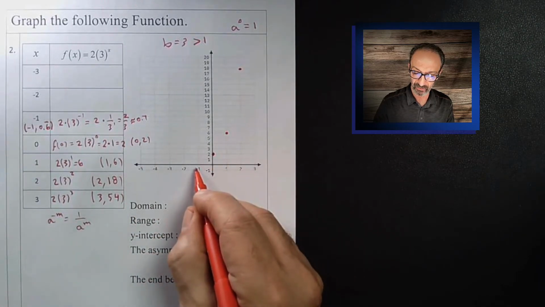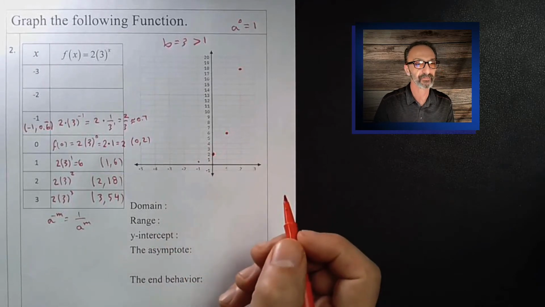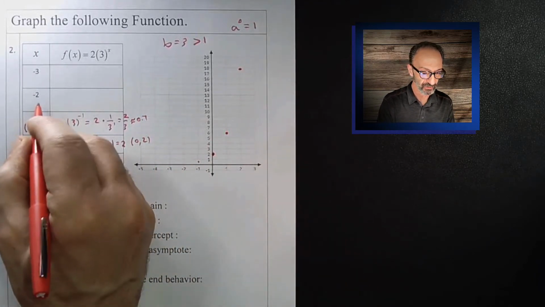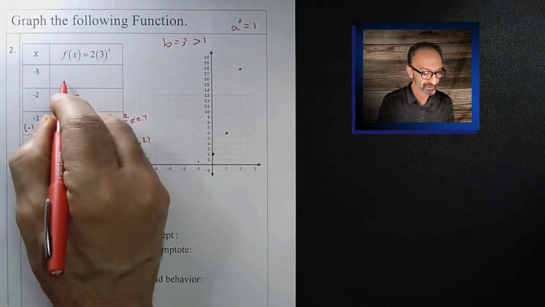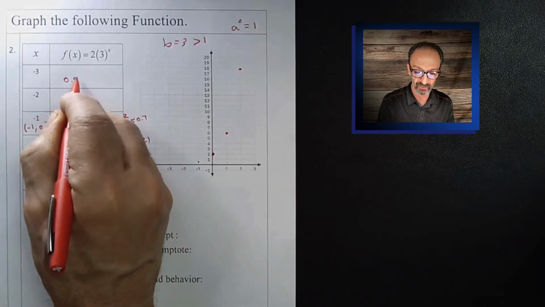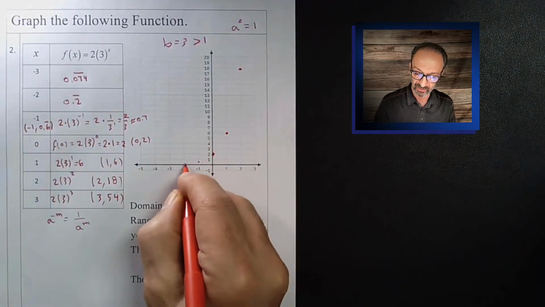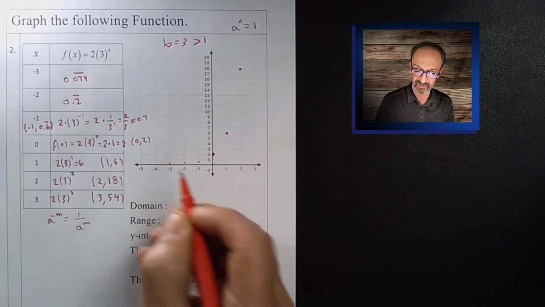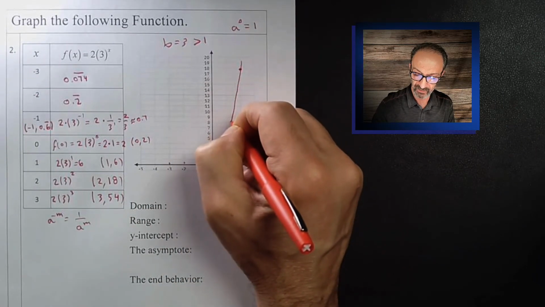So negative 1, 0.6 will be somewhere right there. Negative 2 will give me 0.2 repeating. Negative 3 will give me 0.074 repeating, which is smaller and even less right there. So the graph is going to look like this.